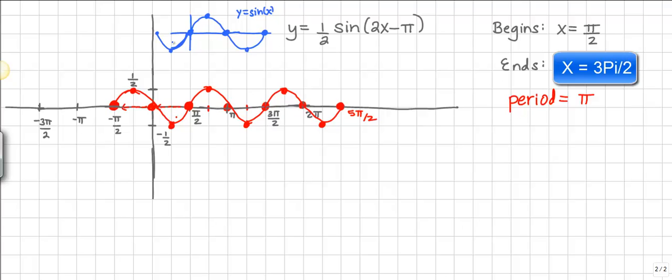Okay, so I want you to notice that the pattern I'm looking for is this shape. Okay, I see it here. So I could call that my negative phase shift. But I also see the pattern start here. So I could think about that as a positive phase shift.